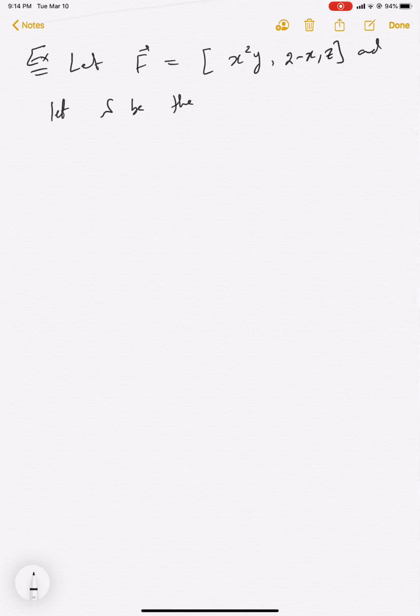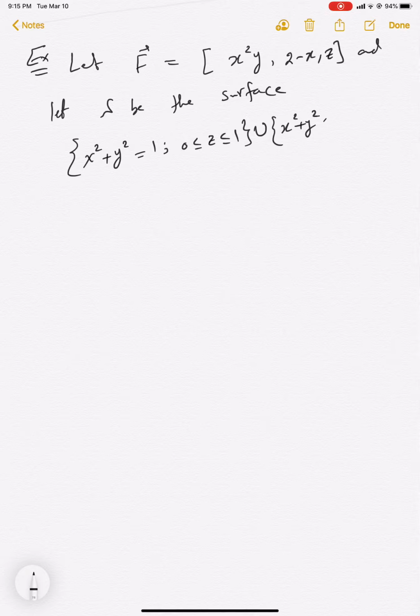Let's see another example. Let's take the function f as 2xy, minus x, z. And I think now everybody agrees that the function is not a big deal. After all, it's just a matter of computations. Let S be the surface x squared plus y squared equals 1, z between 0 and 1, union x squared plus y squared less than or equal to 1 when z is equal to 0 and 1.